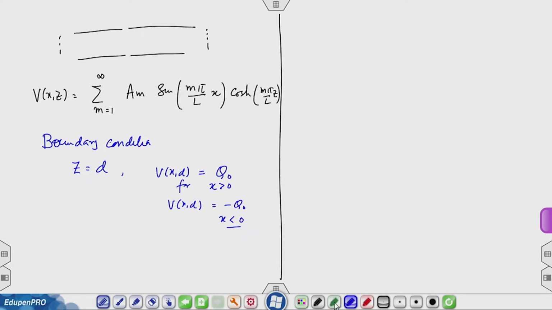So, I can now write that V x d is equal to summation m equals 1 to infinity a m sine of m pi over L x cos hyperbolic of m pi over L d. This is for x greater than 0, and this should be equal to phi 0.